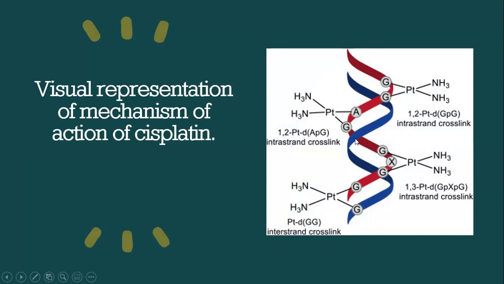The linking can be either interstrand linking, as shown here, which is between two different strands of DNA. Or it can be intrastrand cross-linking. This is intrastrand cross-linking, which is bond formation with a single strand of DNA.